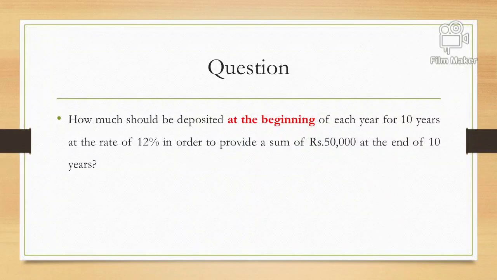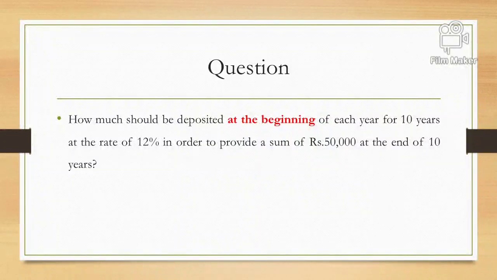Sometimes this is again a case of a sinking fund, like a company requires 50 crore rupees at the end of 10 years, and the company keeps aside some part of profit every year at the beginning of the year. How much does the company need to keep in investment so that after 10 years the company can have 50 crore rupees?